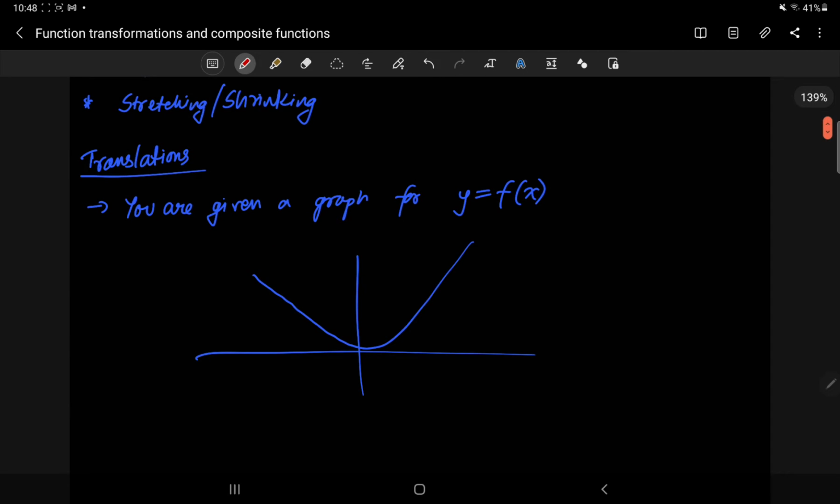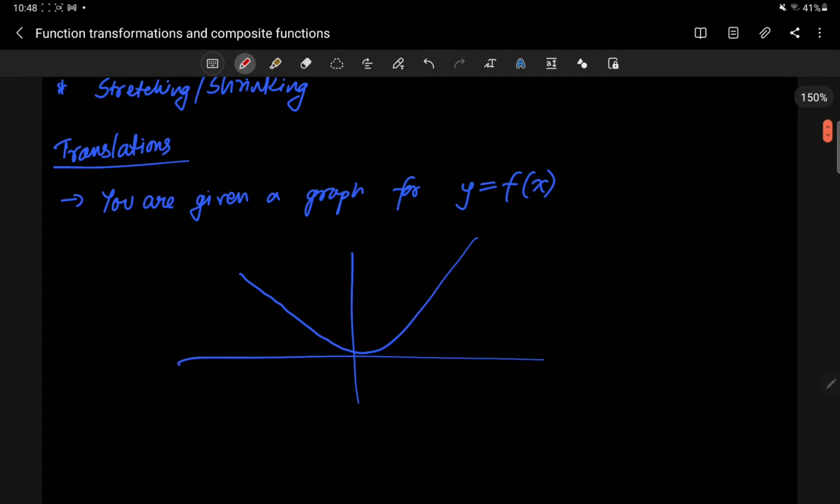Moving it up would mean that I take each point on the old graph and move it up by 1, and I will end up with something that looks parallel to it and is exactly 1 unit above it.